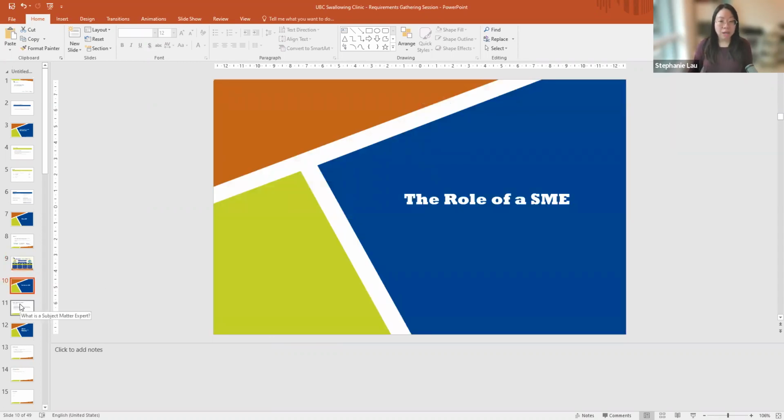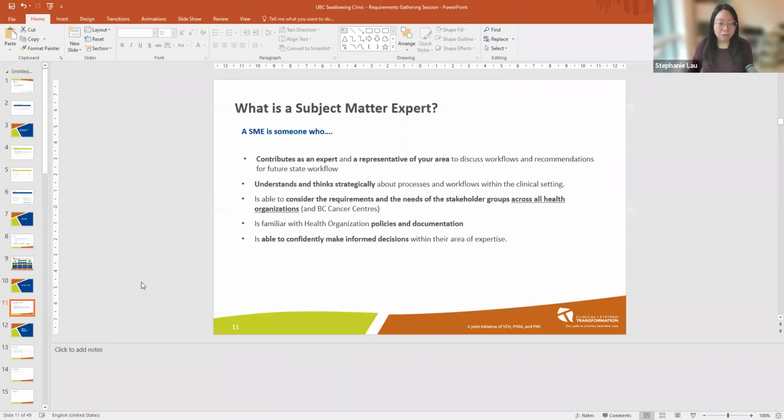As subject matter experts, you know the clinics or the inpatient areas extremely well, and we will ask you a lot of questions and probably a lot of help to get a better understanding of the clinic. You are representing your area to discuss workflows and recommendations for any future state workflow changes. You will help us understand and think strategically within this clinical setting.